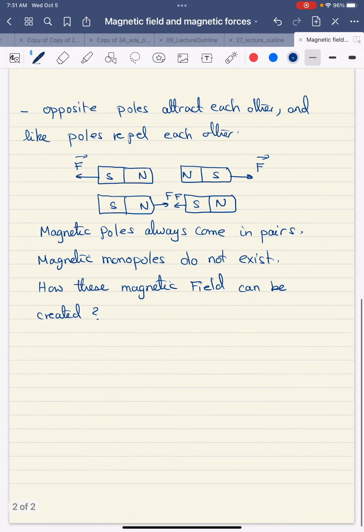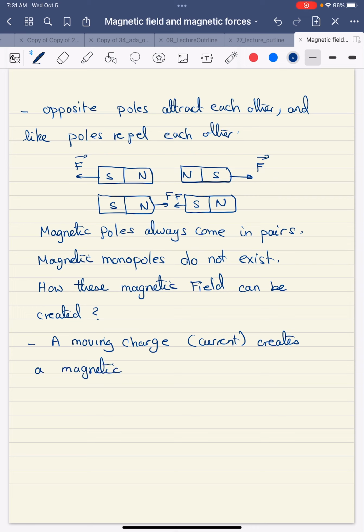One thing that is really very important, that if we have a moving charge, and of course moving charge means a current, it creates a magnetic field. Now, also here we will use for magnetic fields B. We call it magnetic field.